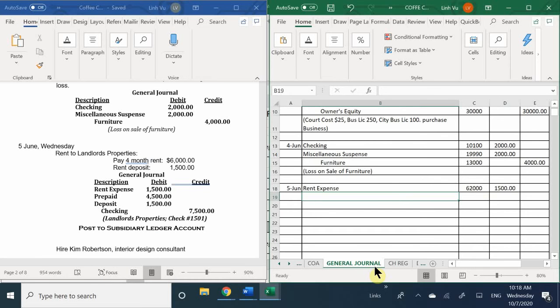Okay. Next account is my prepaid account. So for 3 months, I'm prepaying in advance. What was my prepaid account number? I think it was 18,600.